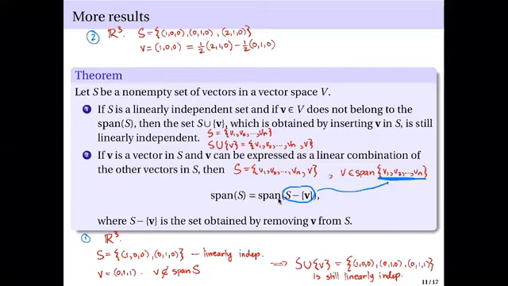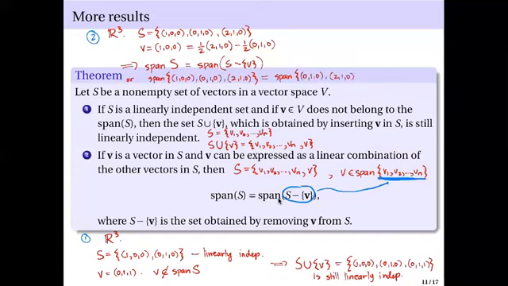So this theorem tells us that if you get the span of S, so the span of S is still equal to the span of S minus the set containing V. Or the span of the set 1, 0, 0, 0, 1, 0, and 2, 1, 0 is still equal to the span of 0, 1, 0, and 2, 1, 0.